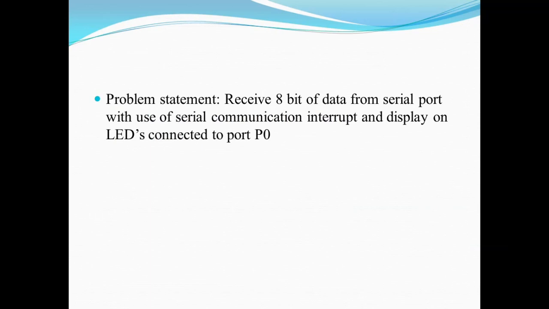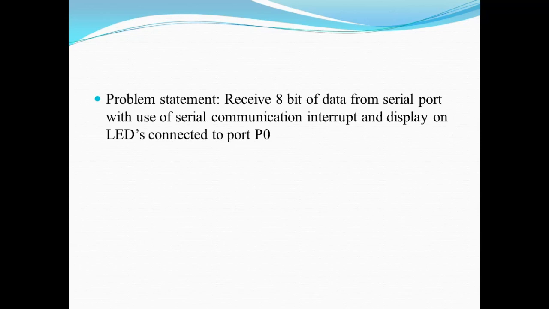Now with the help of one simple example, we will understand how the interrupt works. Normally we have said that the interrupt will be generated whenever the TI or RI flag is set, but mainly this interrupt is tested, or you can say raised, for the receiving purpose. So here I am taking the example of receiving.